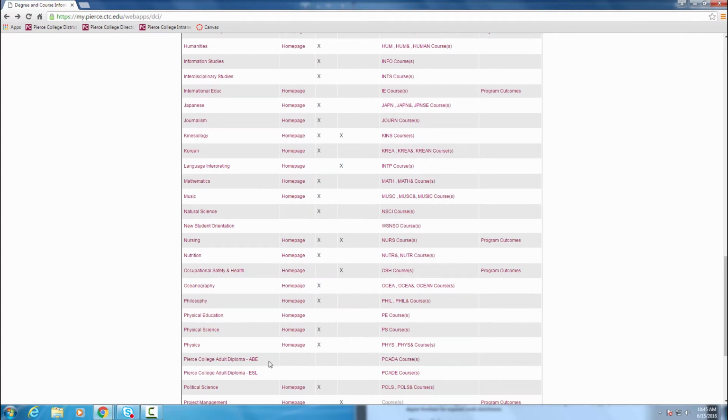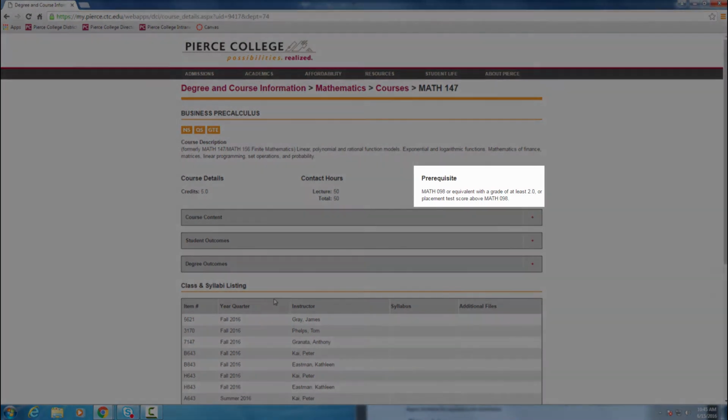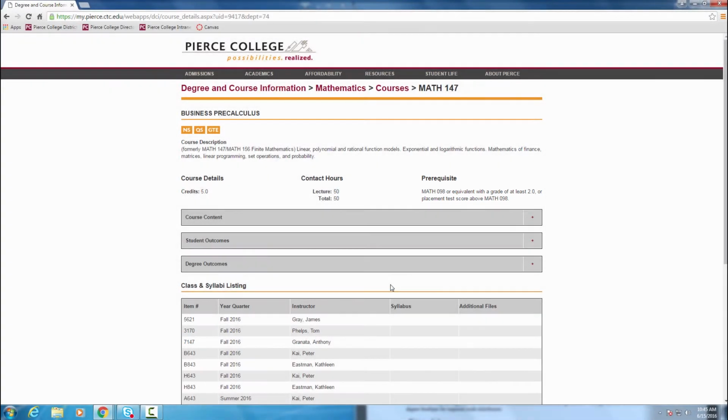to get to 147. So if we look at Math 147 here, we notice what's its prereq? Notice this one is Math 98. Math 98 is generally required for anybody who's going to have calculus in their future. And in fact, business majors do take a version of calculus specific to business. So he knows he needs to plan on getting to 98.